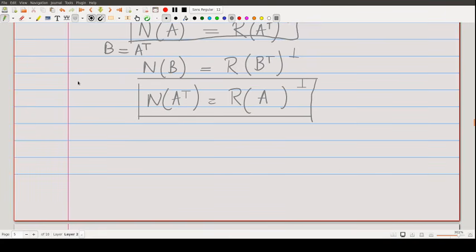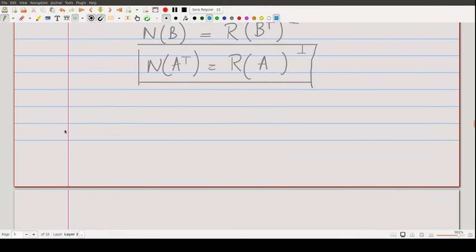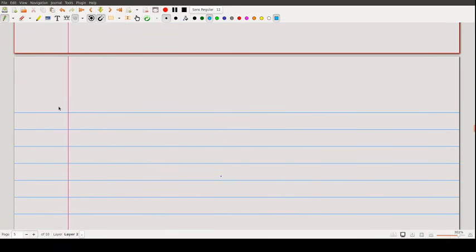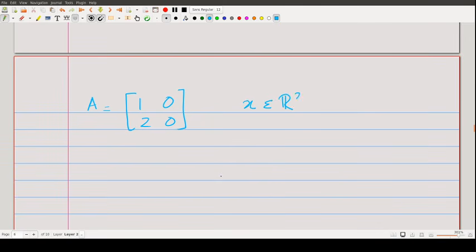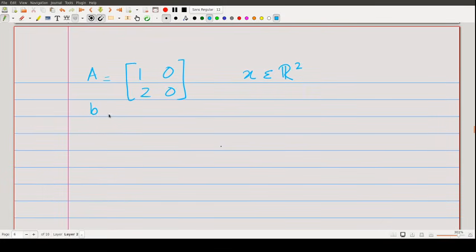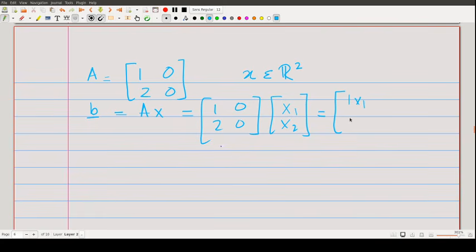So let's consider an example. Consider A to be the matrix 1, 0, 2, 0, and the idea is, if X is in R2, then any vector B equal to A times X looks like this: 1, 0, 2, 0 times X1, X2, which is equal to 1 times X1 and 2 times X2, which can be written as X1 times (1, 2).